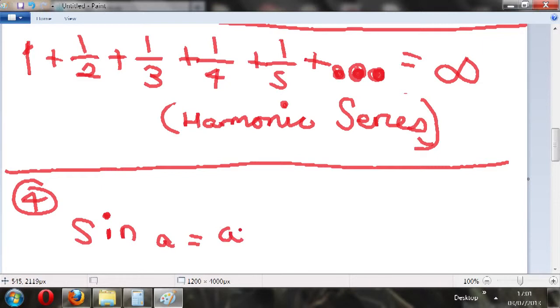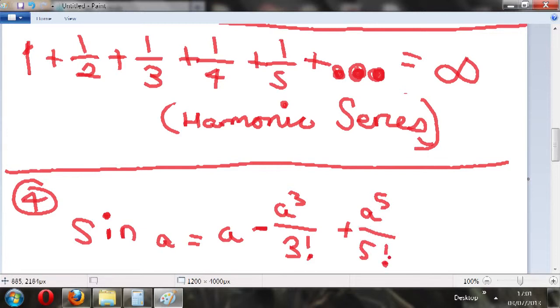So A minus A cubed over 3 factorial plus A to the 5th over 5 factorial minus A to the 7th over 7 factorial.